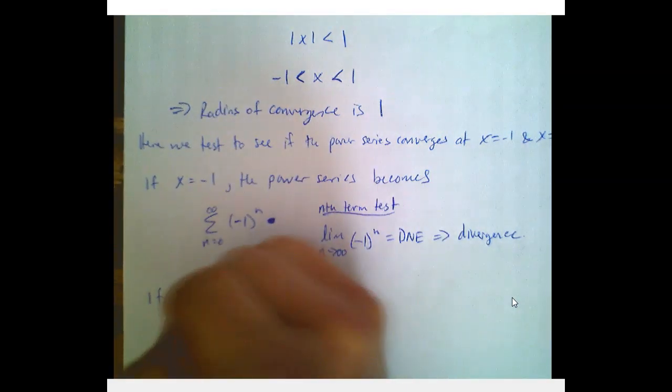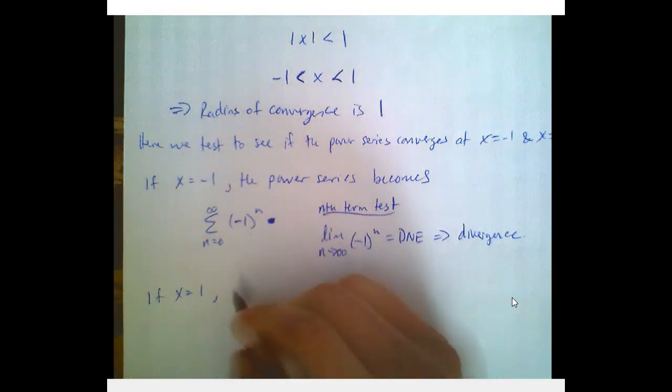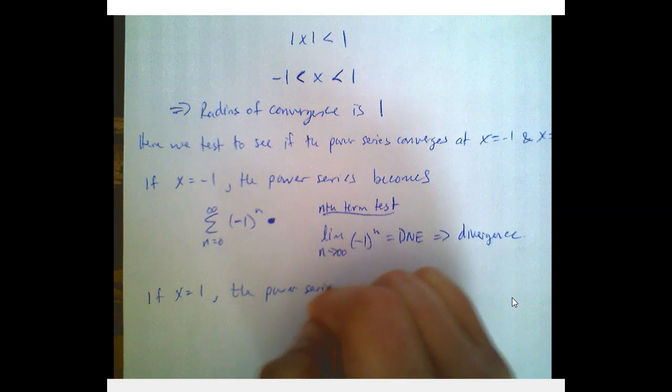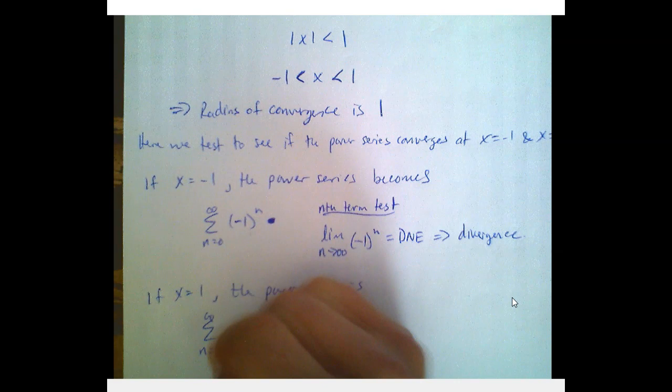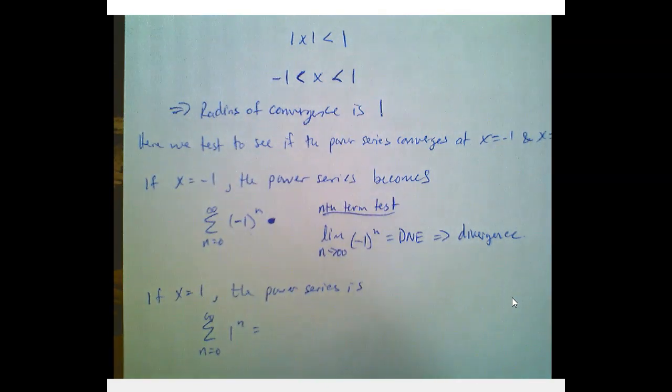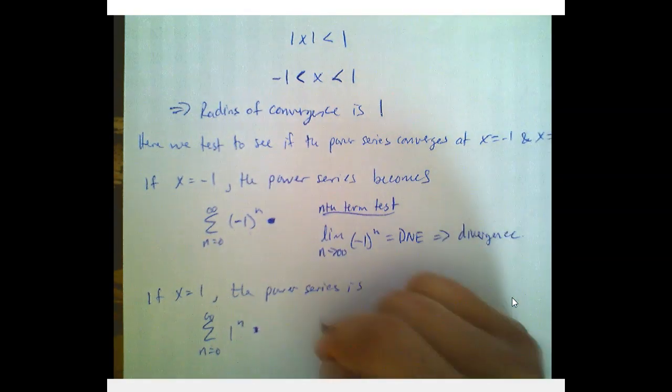If x is +1, the power series is the sum from n equals 0 to infinity of 1^n. You can see here that this is just the sum of 1 plus 1 plus 1 plus 1 plus 1. I can use the nth term test again.